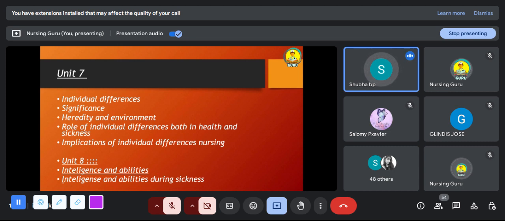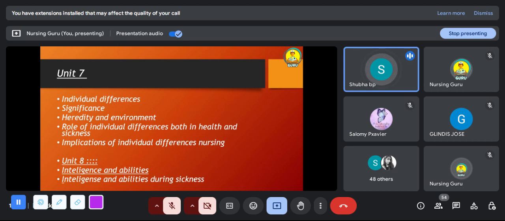And coming to unit 8, unit 8 is very important for your exams. Most of the questions come from unit 8. If you see the blueprint, if you see the 10 years question papers, then you can see this question on intelligence.